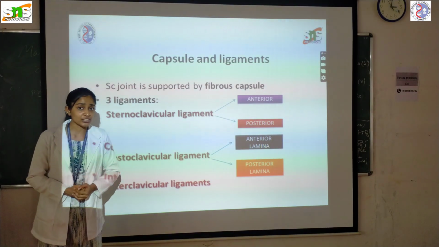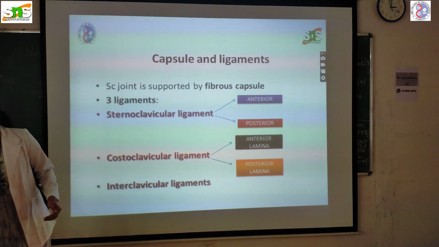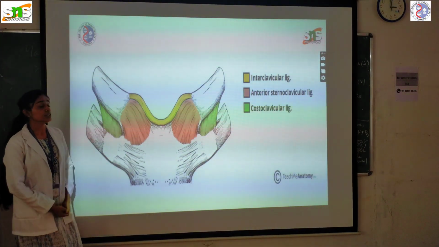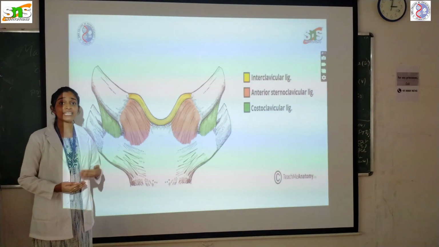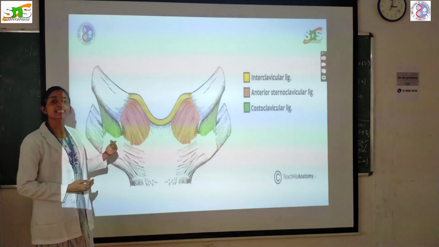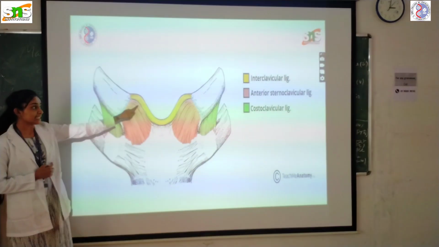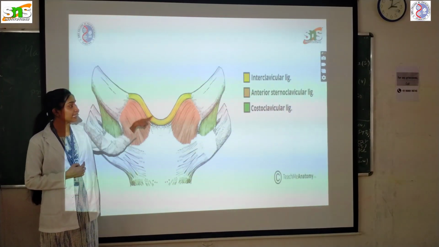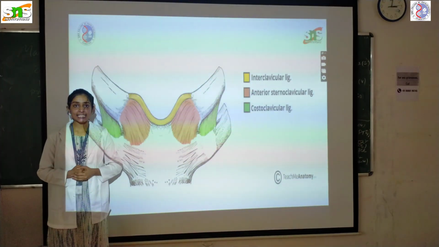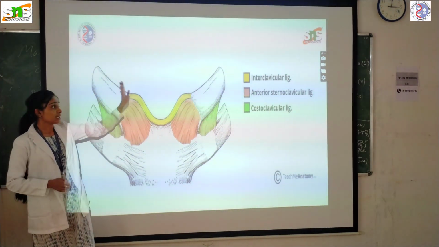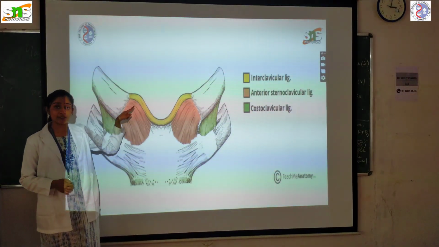Now we will see the structure of these ligaments so you will understand better. This is the structure of your costoclavicular ligament, interclavicular ligament and sternoclavicular ligament. This yellow portion is called the interclavicular ligament. Why is it called interclavicular? Because it is connecting both your clavicles.